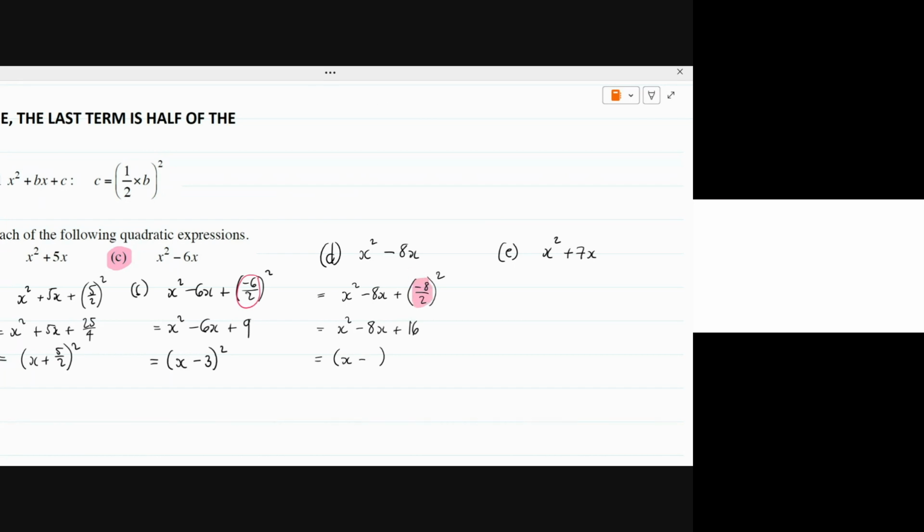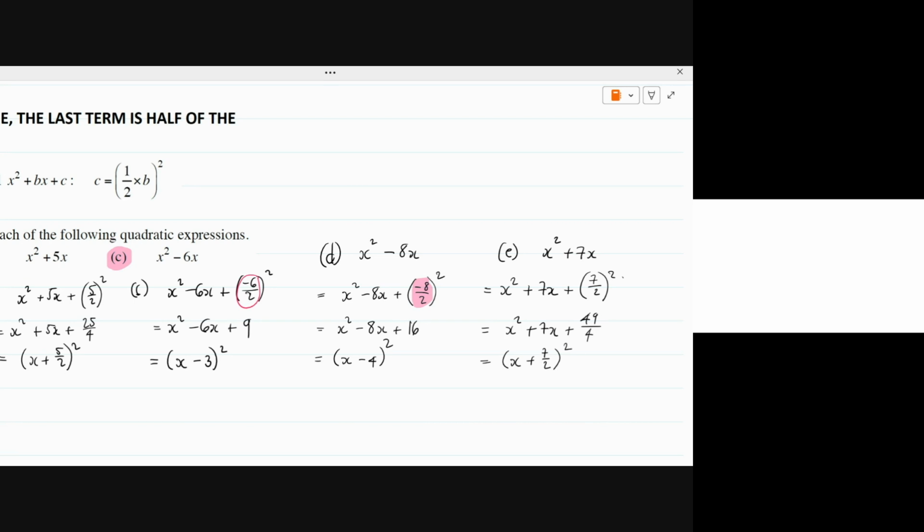So x minus 4 all squared. Then over here, I get x squared plus 7x plus, open brackets, 7 over 2 all squared. 7 squared will give me 49 over 2 squared, which is 4. That will then give me x plus 7 over 2 all squared.